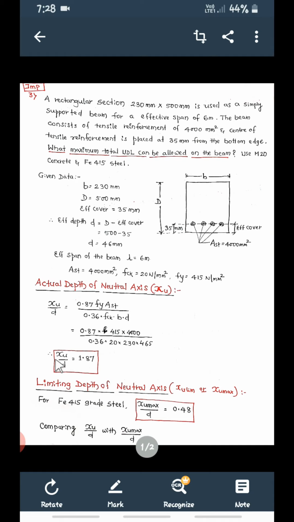Substituting all these values, we will get XU by D equal to 1.87.